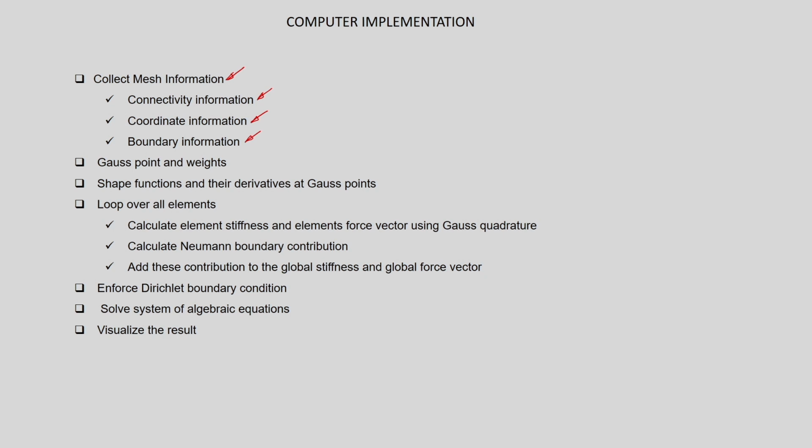Boundary information is basically to note down the boundaries, or the edges of a given element, which coincide with the Dirichlet boundary or the Neumann boundary. We have seen in the problem that there are some Dirichlet boundaries and some Neumann boundaries, and there can be more than one Dirichlet or Neumann boundary.